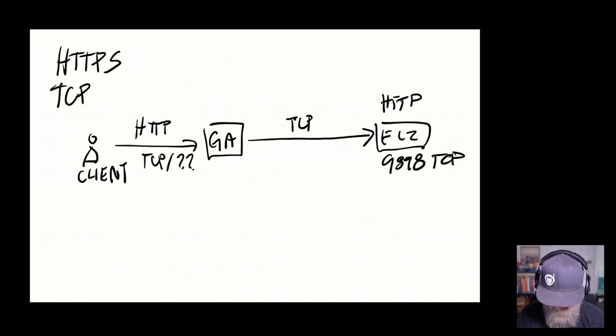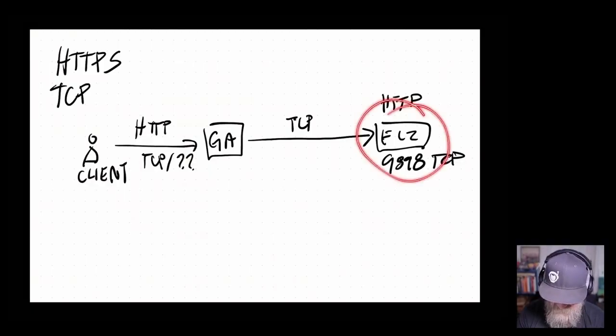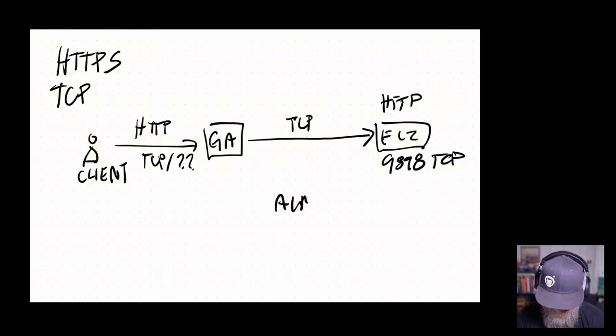Solve that first problem. Now, with the HTTP traffic, I also wanted to be able to run all of the traffic through a WAF. Okay. And as far as I know, at least right now, you can't attach a WAF to a global accelerator. You can't attach a WAF to an EC2 instance. So how did I fix that? What I did was I put an application load balancer here.